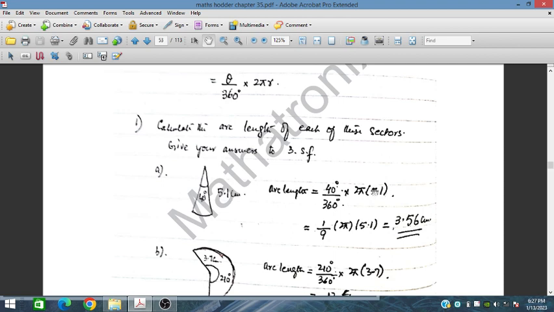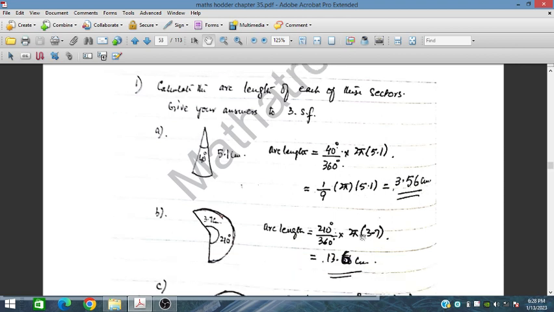This is the radius, so this is the circumference. So this gives 40 divided by 360, which is 1/9, into 2 pi into 5.1. On multiplying all this, we have 3.56. Since the length is in centimeters, this arc length is 3.56 centimeters.